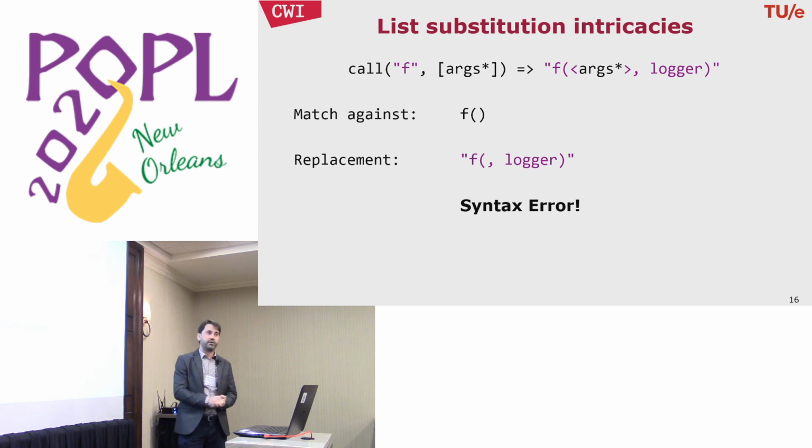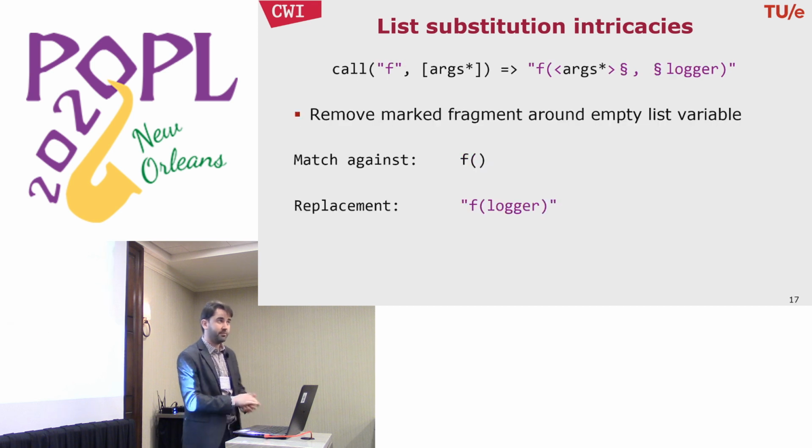And while we could have decided that the metaprogrammer should handle such cases explicitly, we've decided not to do this. We've decided that the metaprogrammer can mark a piece of source code on the right-hand side.